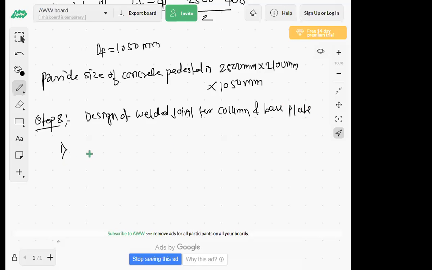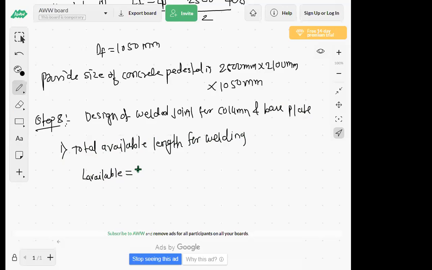So in that we have to calculate first total available length for welding. Total available length for welding. So this is the L available.